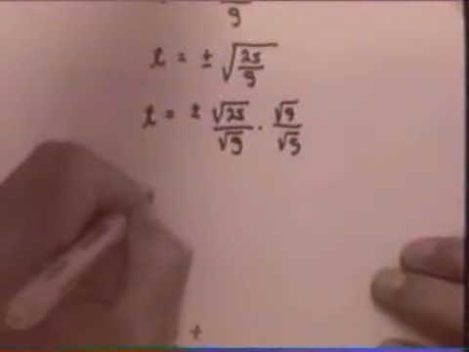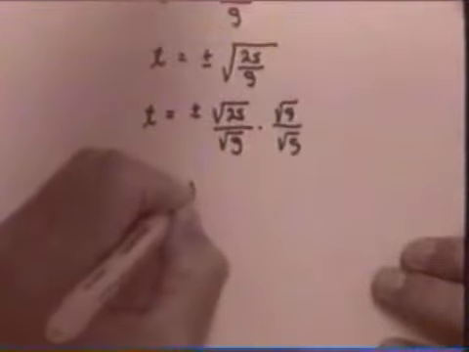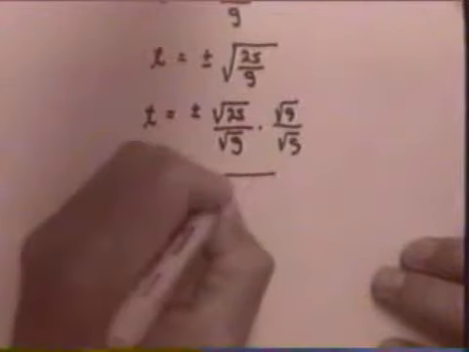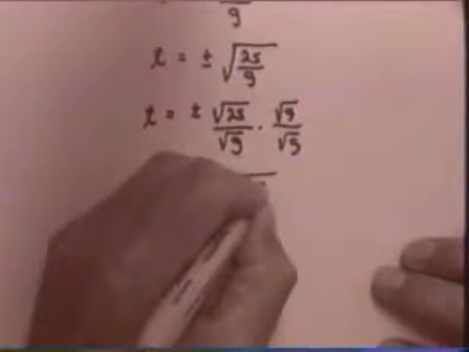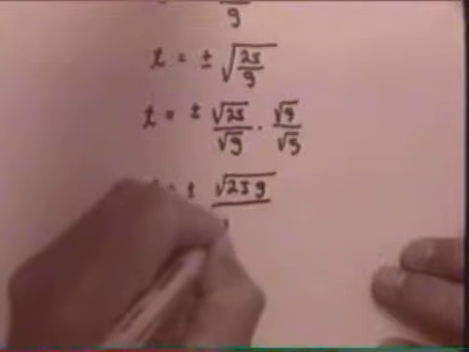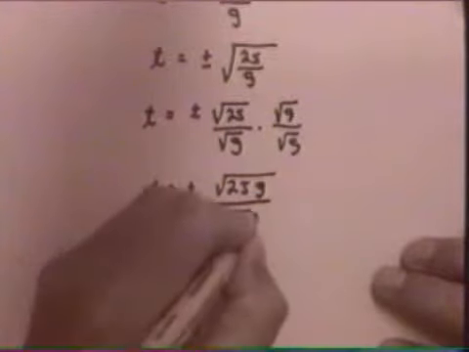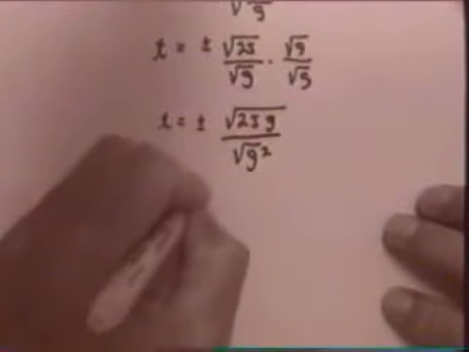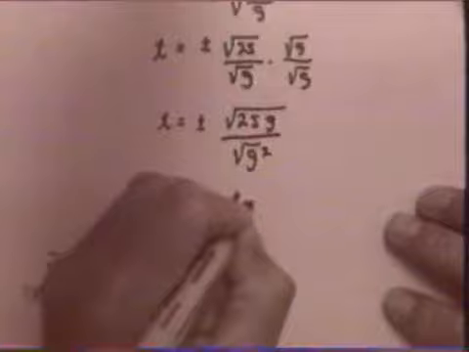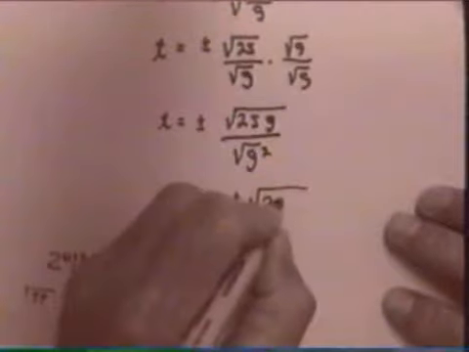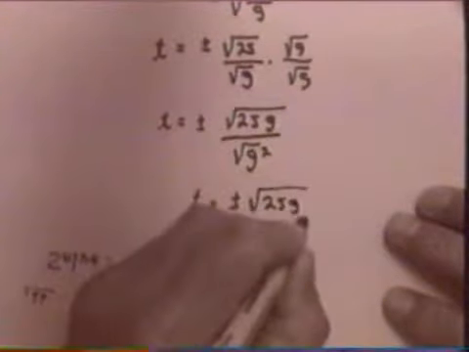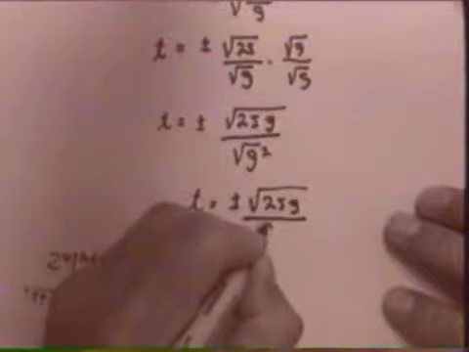And I get t is equal to plus or minus the square root of 2sg over the square root of g squared, or t is equal to plus or minus the square root of 2sg over g.